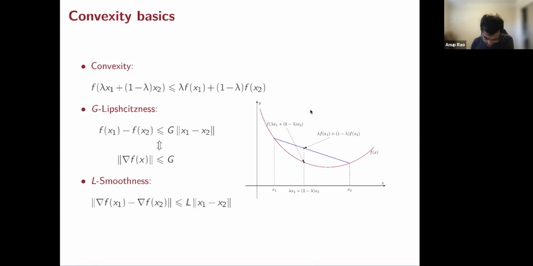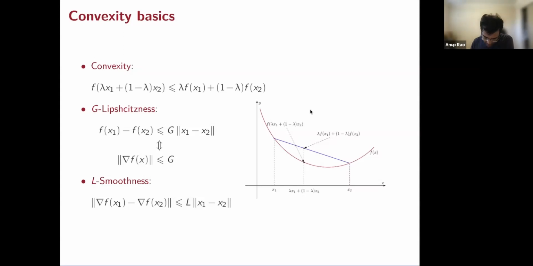And an equivalent way of saying that, when a function has gradients everywhere, is that the norm of the gradient is bounded by some constant G. And similarly, a function is said to be smooth if the gradient of the function is Lipschitz.